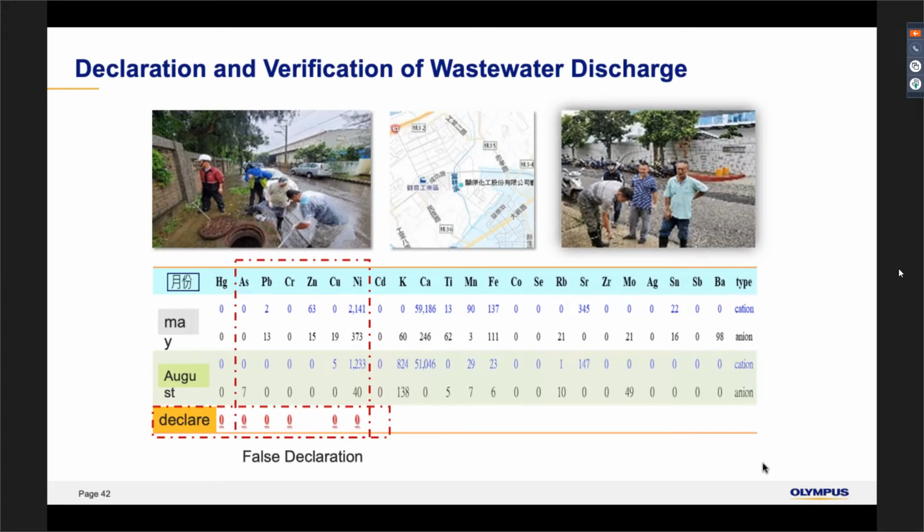I think for now we are not really targeting to find out at what period of time the wastewater is discharged. For now we are trying to figure out which factory is responsible for the discharge. That is why we put the tiers for at least 5 to 7 days, so that we can get accurate results and make sure that factory A is really the one that has been discharging.